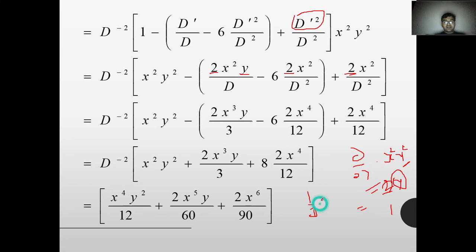We have to remove the derivative, we take the integration, so x cube by 3, and here this 1 upon D square, so 2 times integration x raised to 4 by 12 and x raised to 4 by 12.